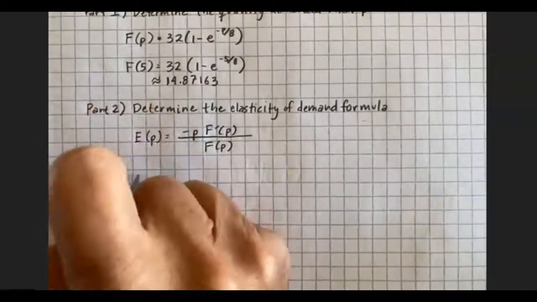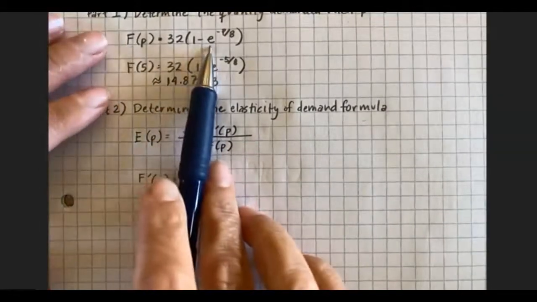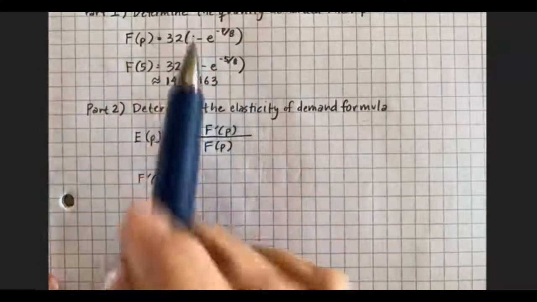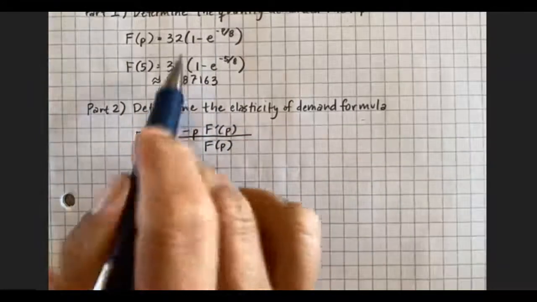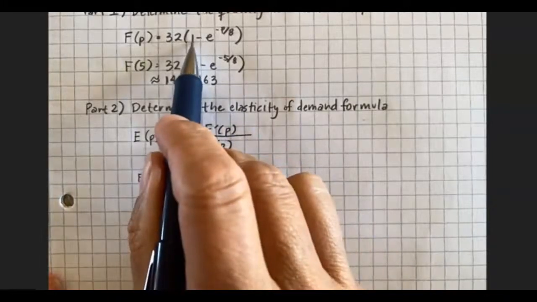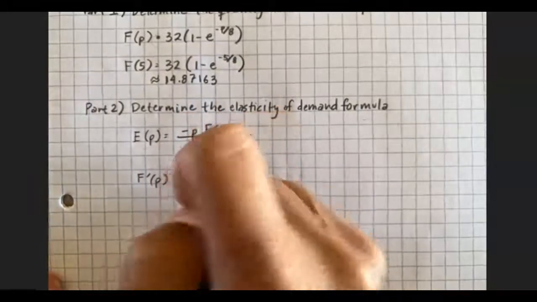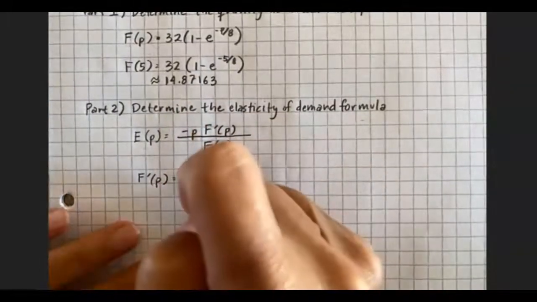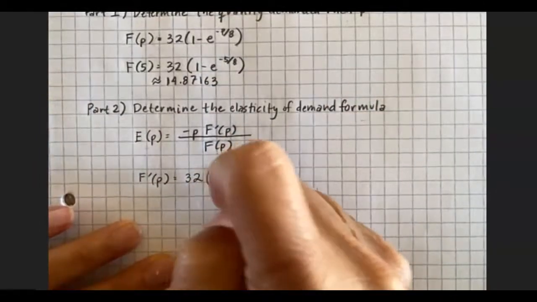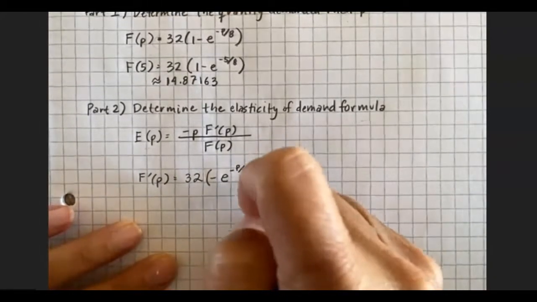So first step, f prime of p. It's not simple because we've got all these negative signs, but basically we want to find the derivative of this. So it's going to be 32 times the derivative of this. And the derivative of that is the derivative of 1 minus the derivative of that. So really, it is just minus the derivative of e to the negative p over 8 times the derivative of negative p over 8, which is negative 1/8.